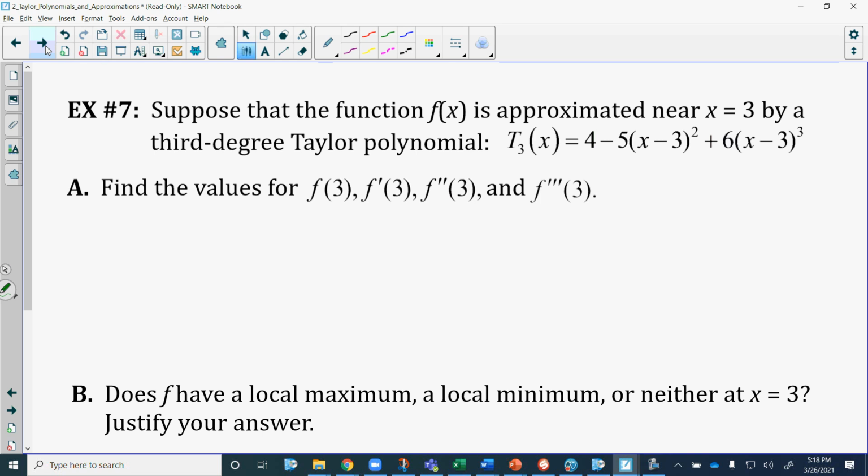Now, let's think about it in terms, again, of our general Taylor polynomial. Let's just go ahead and write it out one more time.